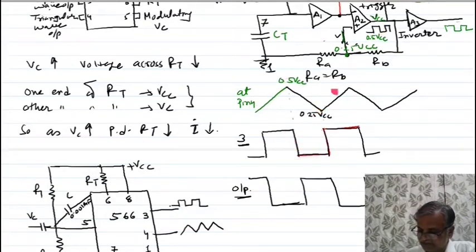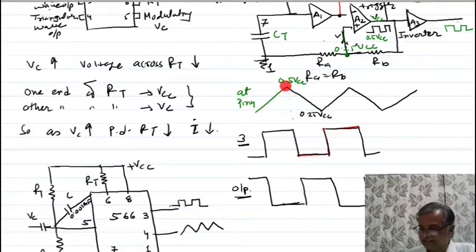Due to the charging and discharging of the capacitor, we are getting the square wave. The charging and discharging waveform is given to the Schmitt trigger at the inverting terminal, and we get the square wave at the output as shown in this diagram at pin number 4. Here you can see the voltage across the capacitor changes from 0.5 VCC to 0.25 VCC.